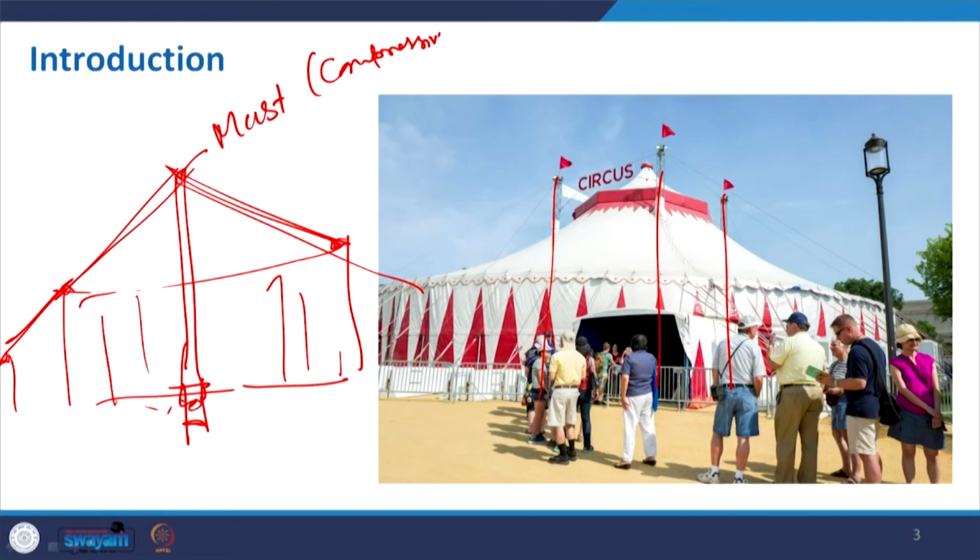So, we have this post, and we also have a central post, and this is giving tension to all the cables. So, this particular formation, this kind of internal volume form is being created, so that it can help us serve the purpose of creating this circus tent and all.